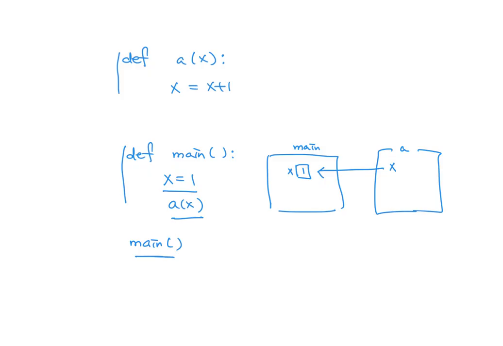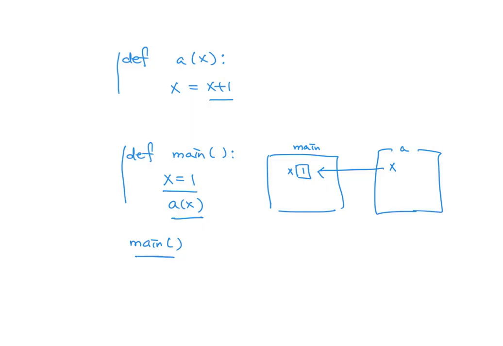So when this function is called, x inside the scope of the function a is representing the value 1. When x plus 1 is evaluated, the local variable x will take the value 1, and then the value 1 is added to that value.